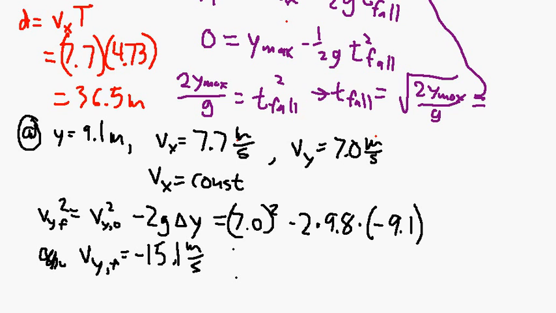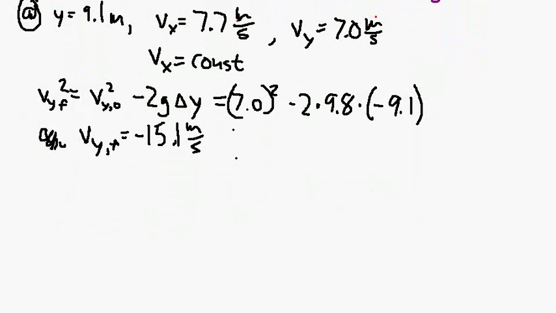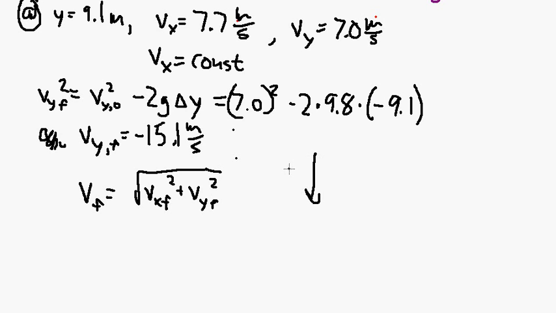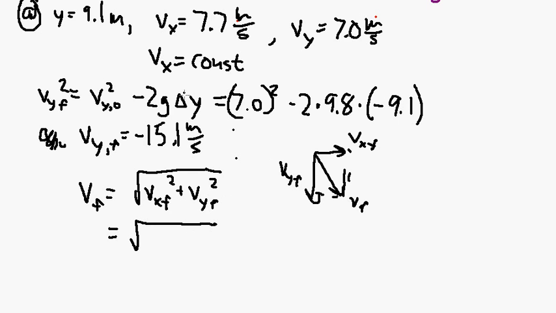So, let's just find the magnitude now. That's not very hard. V final is square root of Vx final squared plus Vy final squared. We're just doing the Pythagorean theorem. Here's Vy final, there's Vx final, and this is V final. Okay, so V final is square root of Vx final, which was 7.7 squared, plus 15.1 squared.